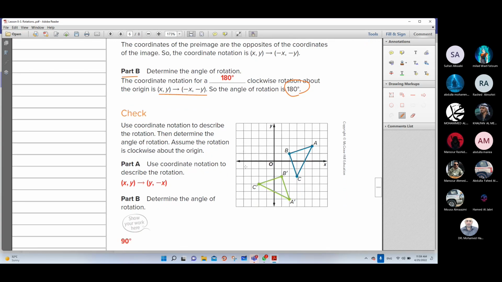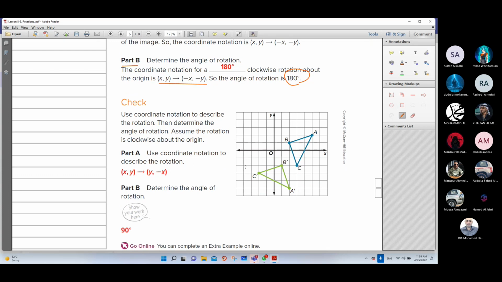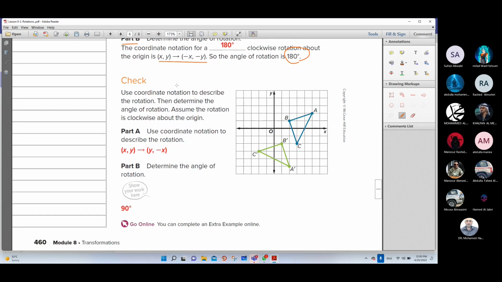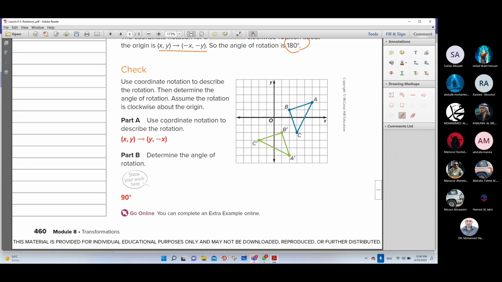Here, the same idea. Use the coordinate notation to describe the rotation, then determine the angle of rotation. Assume the rotation is clockwise about the origin. You can find A as you see here: 1, 2, 3, 4, 5, and here 2.